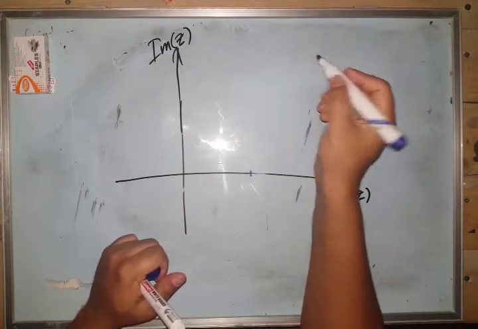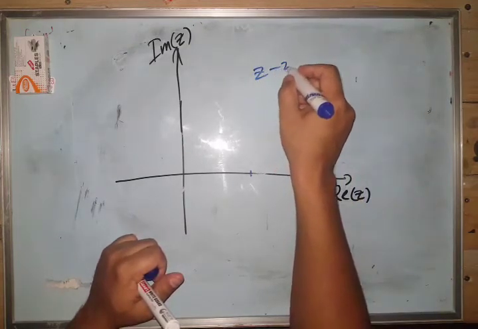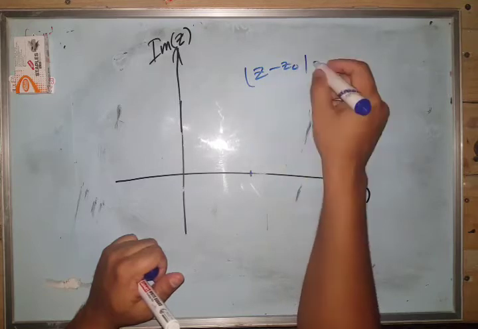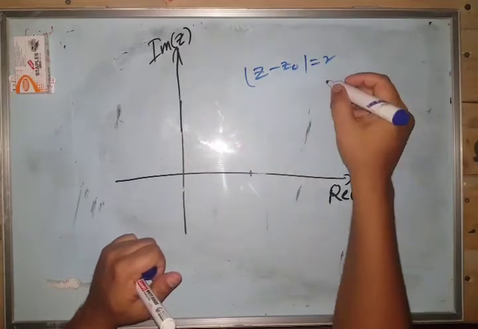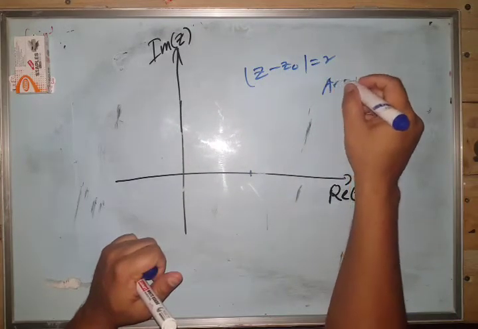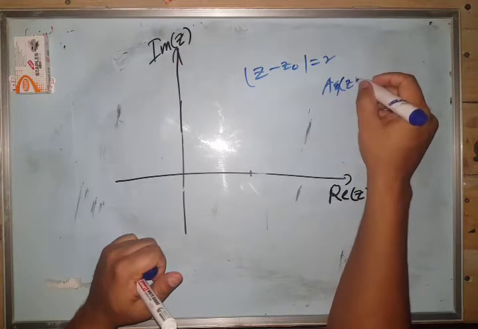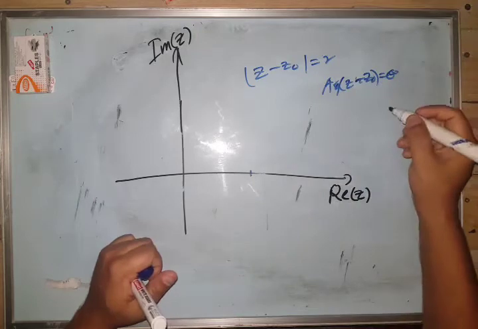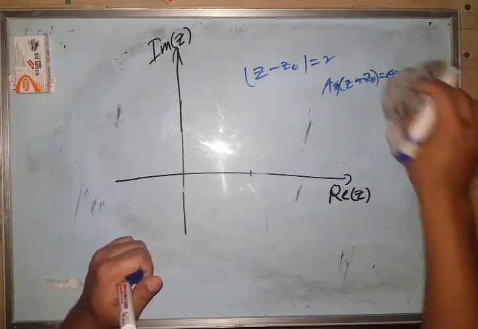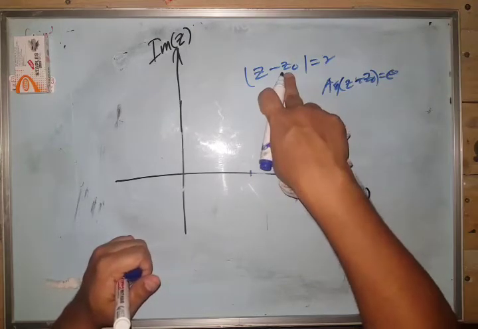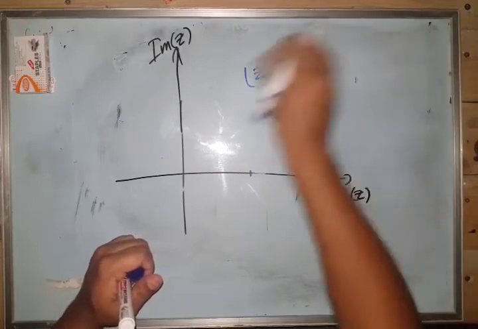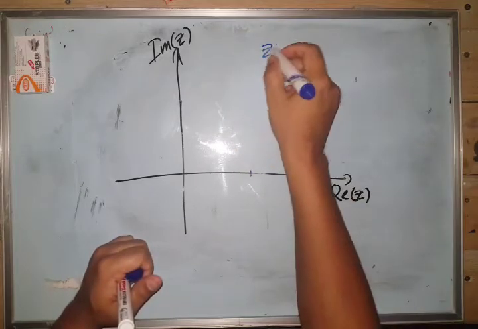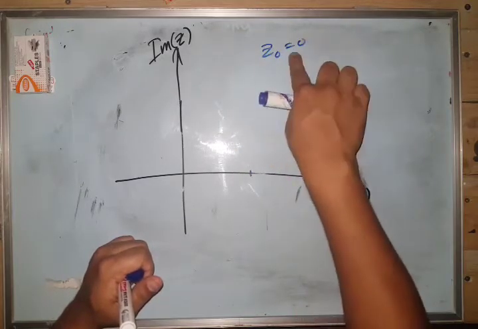In general you are supposed to find the locus of such points. In this special case, I'm going to put z naught as 0, which means it is centered.